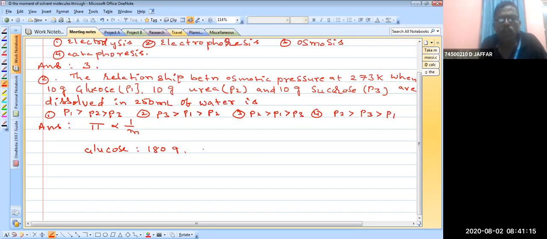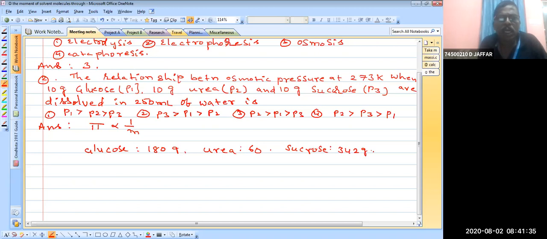Urea, its molar mass is 60 grams per mole. Sucrose, its molar mass is 342 grams.